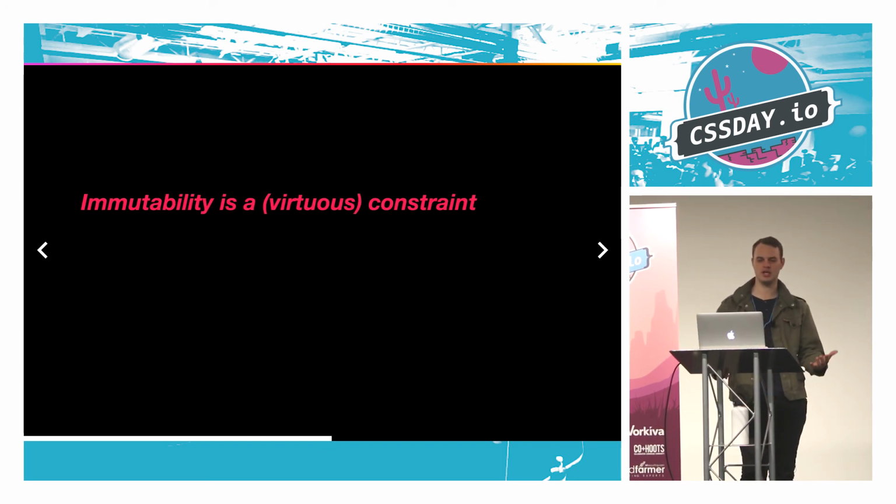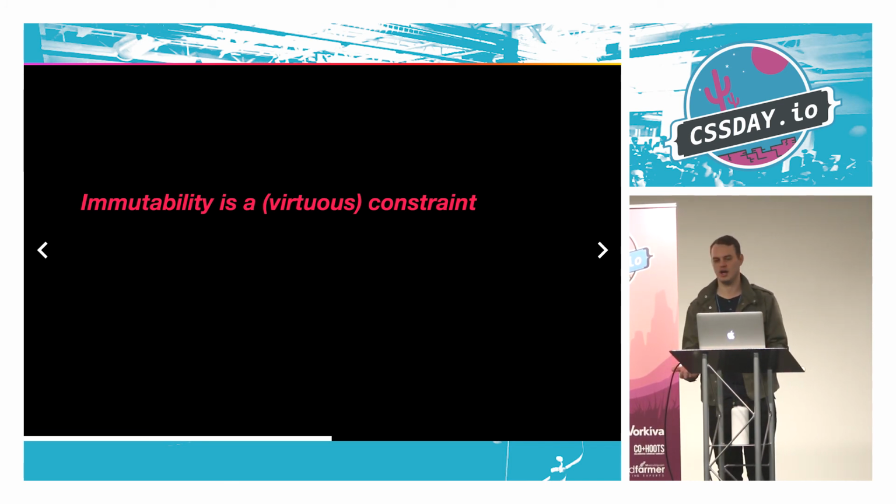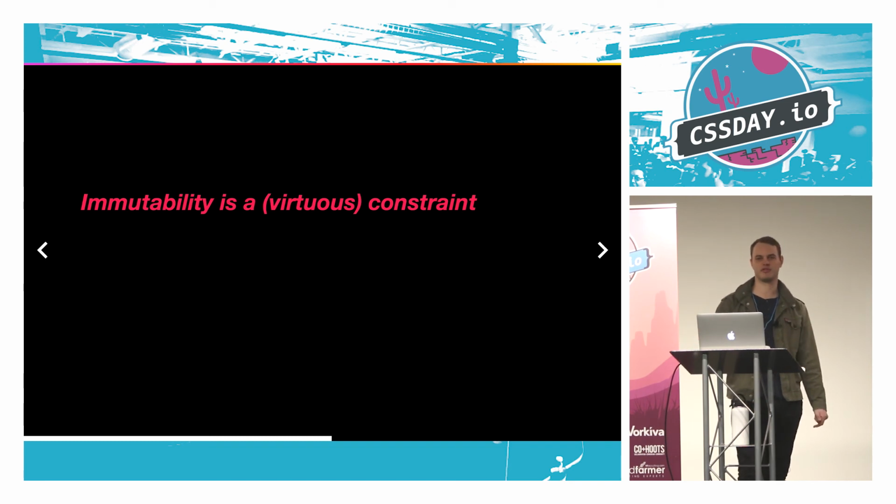So immutability is a constraint, and I put virtuous in parentheses here because a constraint is us limiting our ability to do something, and we're going to ask, what do we get back from limiting ourselves? Do we gain benefit from limiting ourselves in certain ways? And in a lot of ways, immutability is like that. We constrain ourselves to get benefit in return.